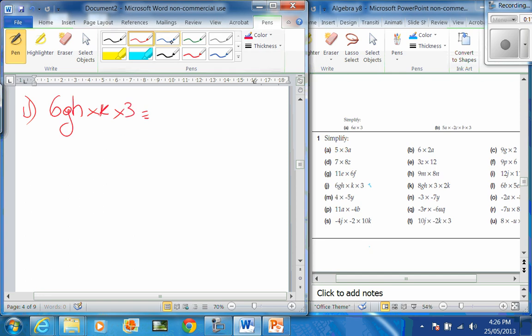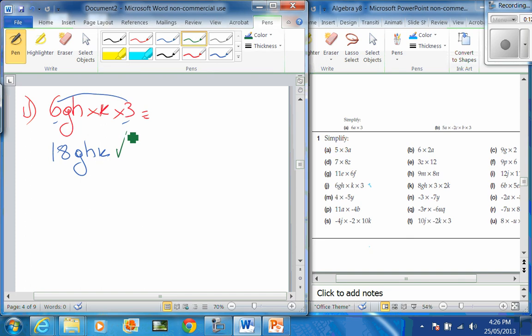First I have to multiply numbers. 6 times 3 equals 18. Done. Let's go now with the letters. Start my alphabet. A, B, C, D, E, F, G, H, K. Is it? Yes, it is.